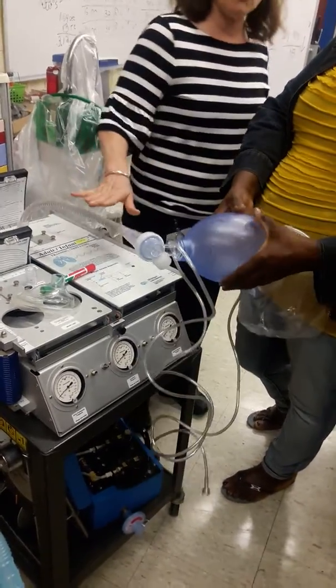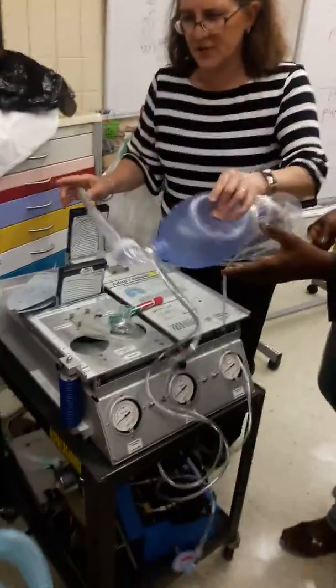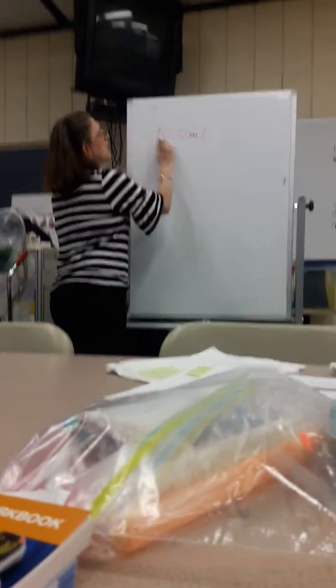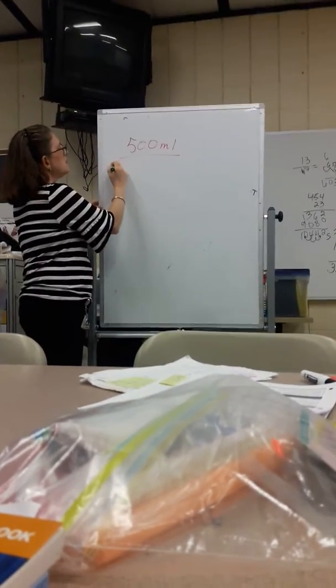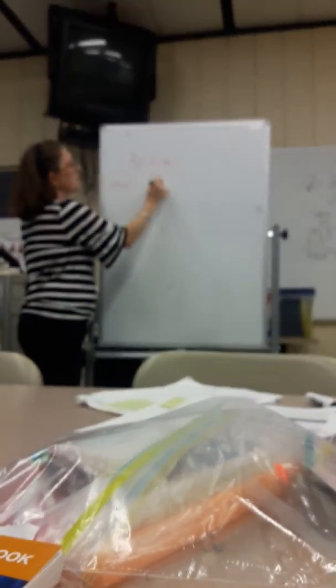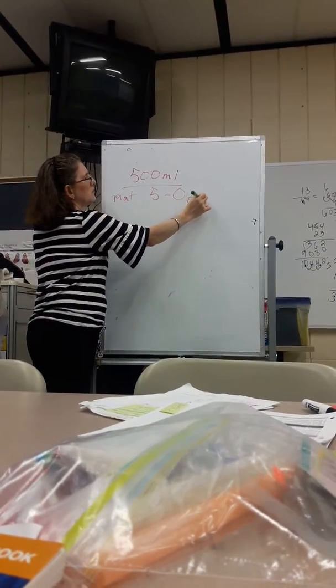Let's look at the numbers you got. We'll shut the compressors off. A volume of 500 milliliters, and our plateau was 5, with 0 of PEEP.